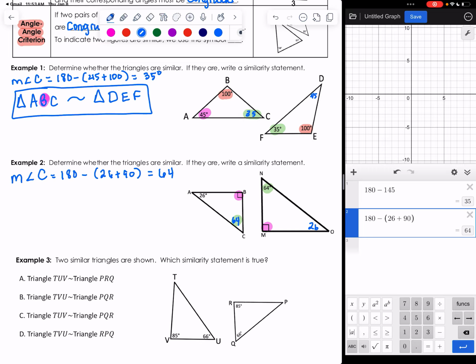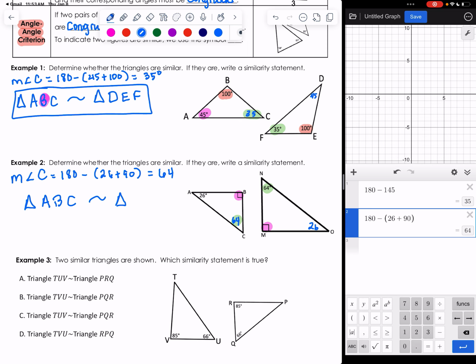All right, so again, when you write your similarity statement, it does not matter the order of the first triangle. So I'm just going to put it in alphabetical order again, A, B, C. So triangle A, B, C is similar to triangle. Now here's where it is important to get your order correct.